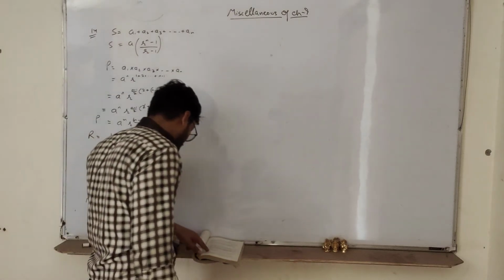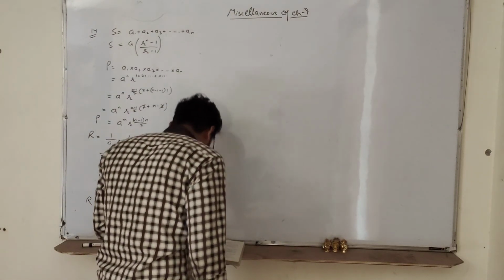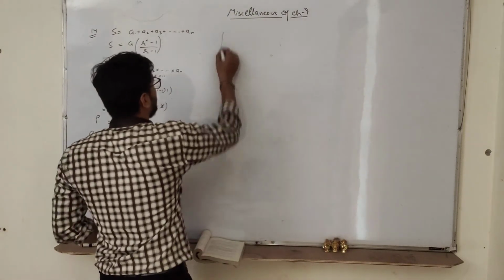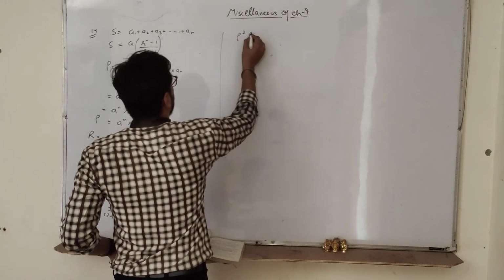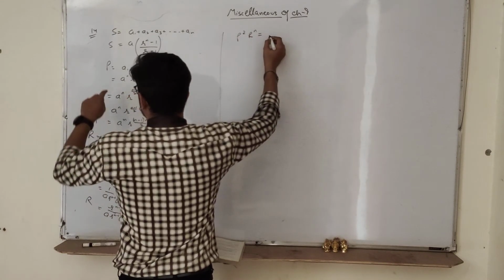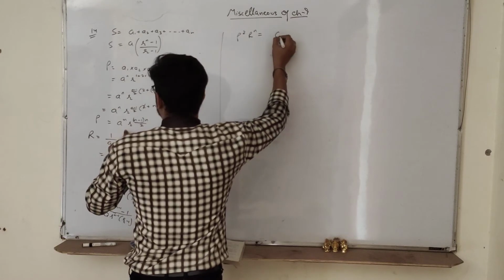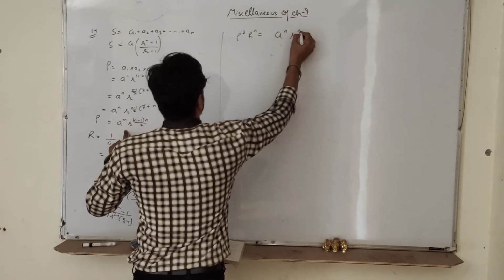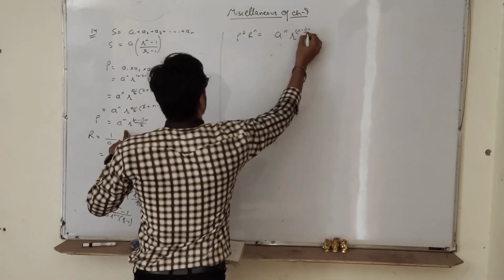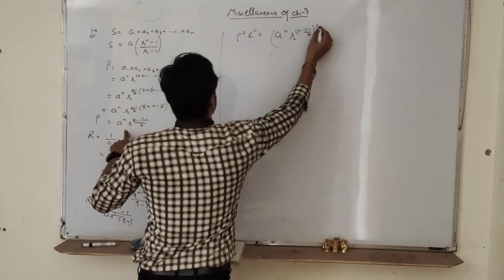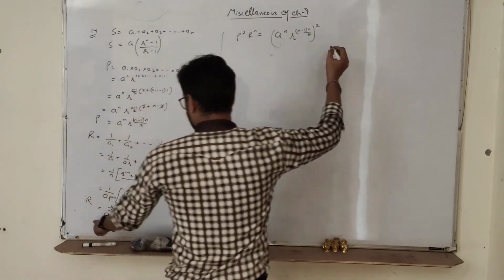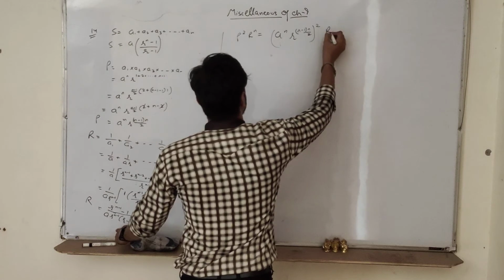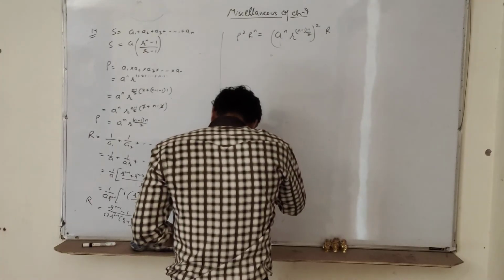We have to show that P square Rn. So P square Rn is equal to, so P square is this: A to the n, R raised to n minus 1, n upon 2, whole square, R raised to the power n.